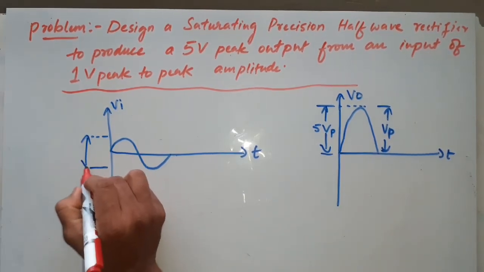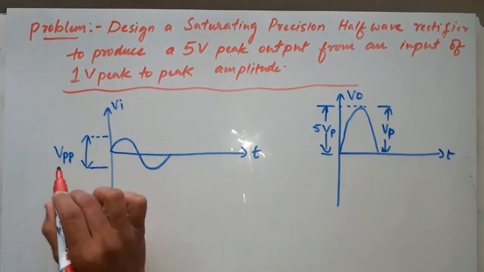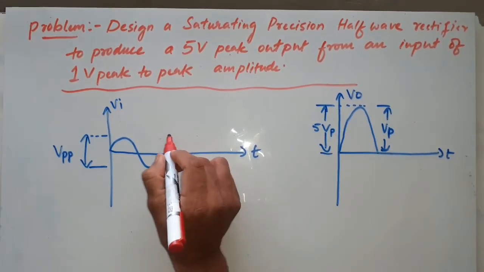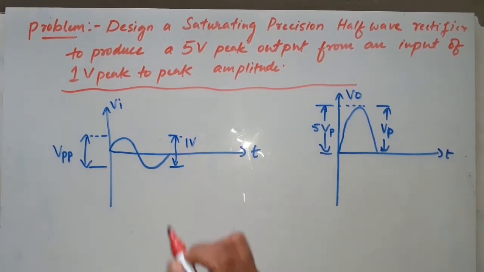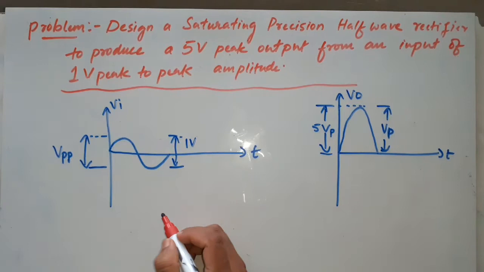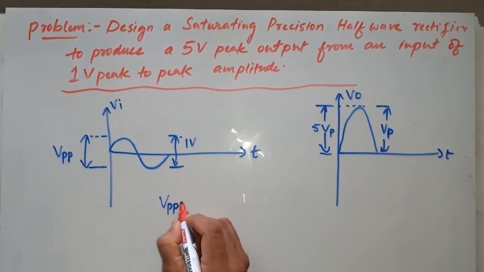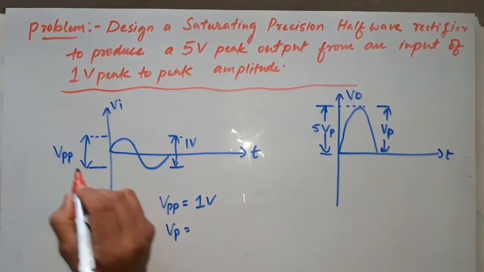This is your voltage peak to peak, we call this VPP. So this voltage is given to us as 1 volt, meaning peak to peak is 1 volt. What is peak then? If V peak to peak is 1 volt, what is Vp? Half of Vpp, right?